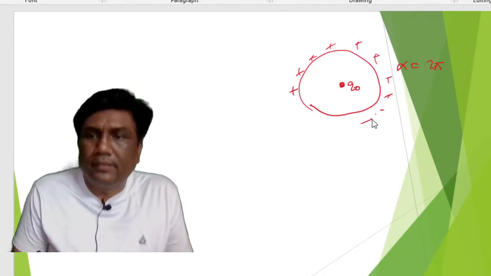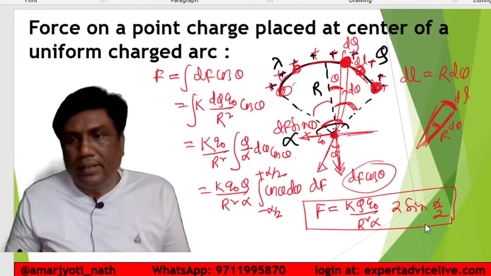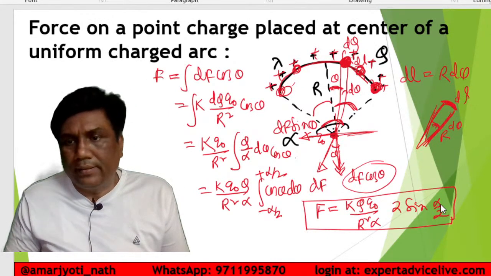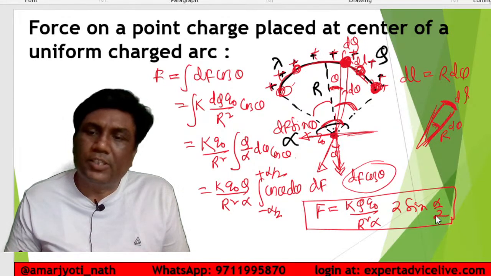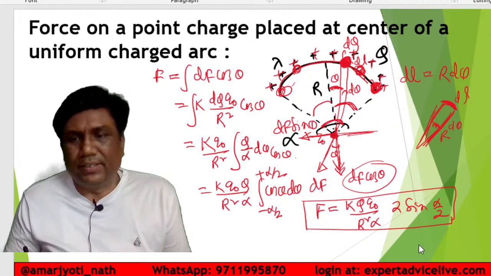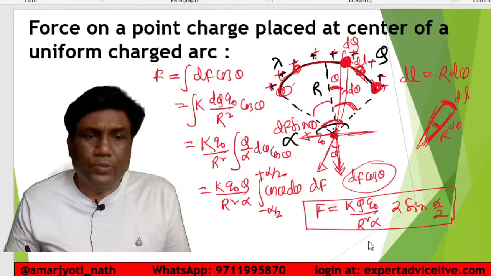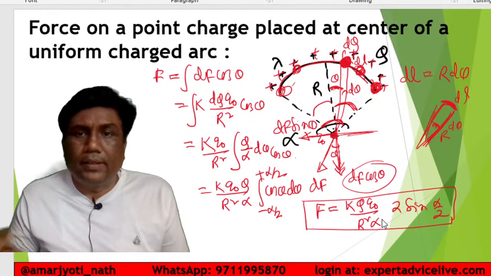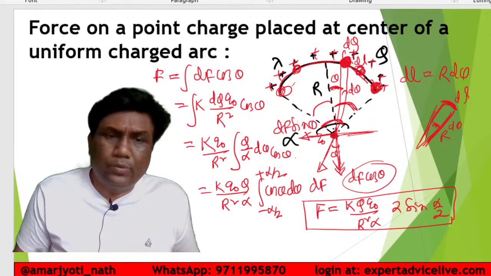Okay, so let us check it. If it is 2 pi, then 2 pi by 2 means pi only, and sin pi is 0, so automatically the force will also be 0. So it supports the correctness of the answer.